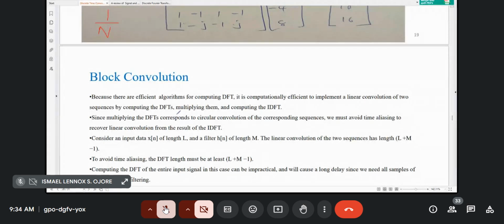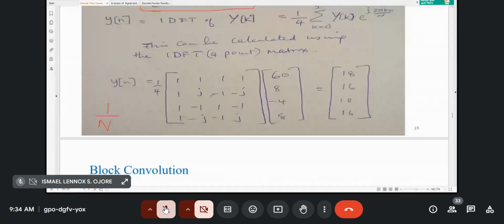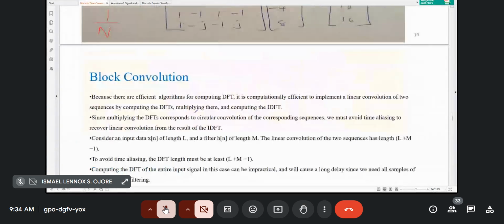So I think nobody has a problem with that. Don't worry about this one, because we are actually going to derive it in class, and we will be using it. And we're even going to look at the 8-point DFT when you're doing the fast Fourier transforms.